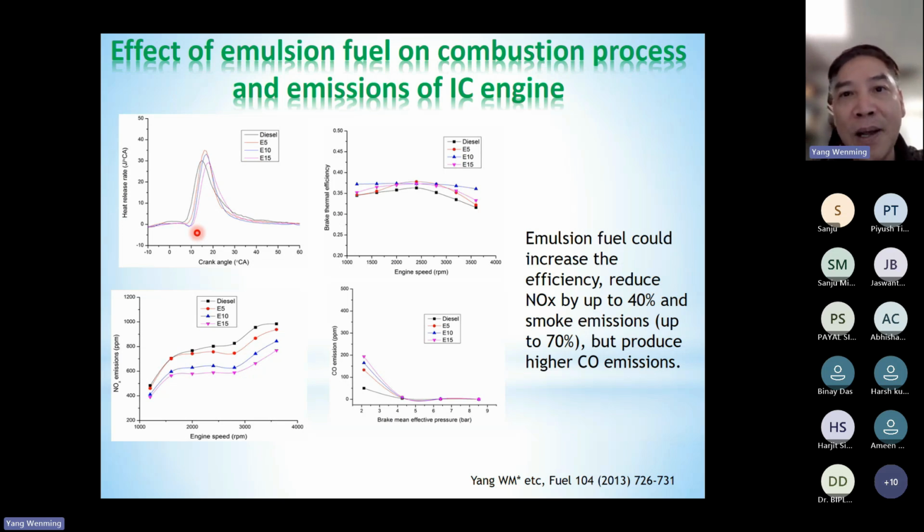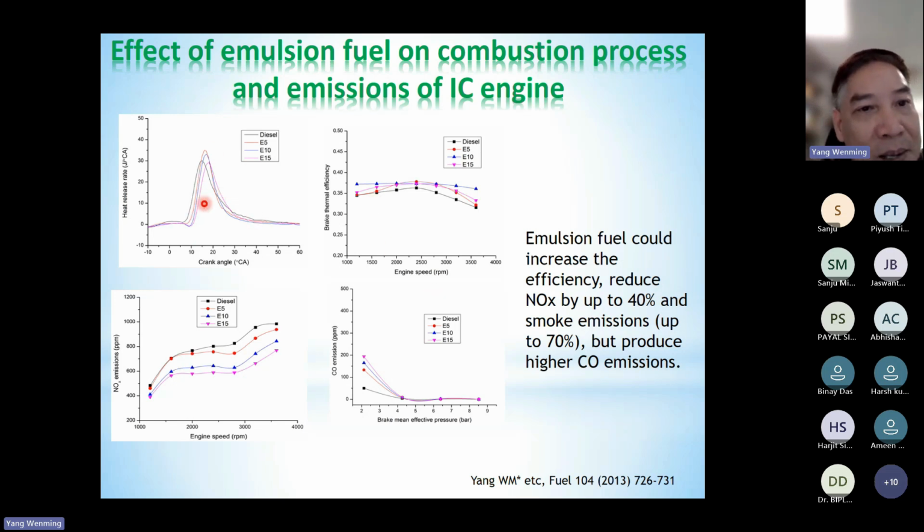The combustion process will be affected because of lower temperature. So the ignition delay time will become longer, correct? And also the peak temperature will drop, because the water absorbs heat energy and thereby brings down the overall temperature.